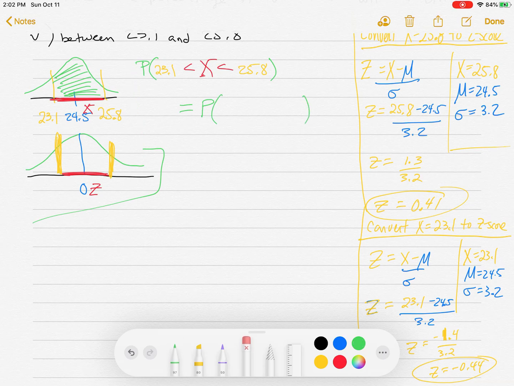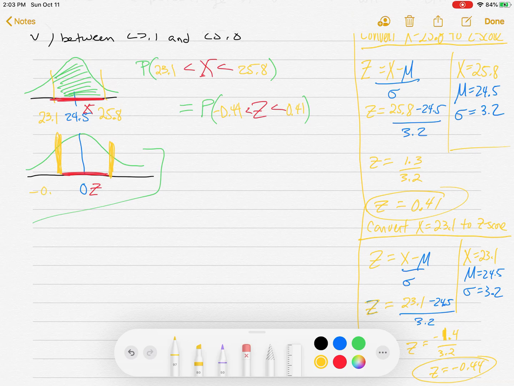Okay, so here we go. This is equal to the probability of getting a z-score, x converted to z, between 23.1 converted to negative 0.44, and 25.8, which we said converted to 0.41.